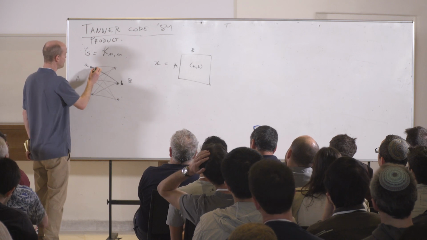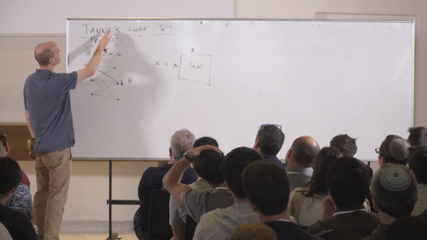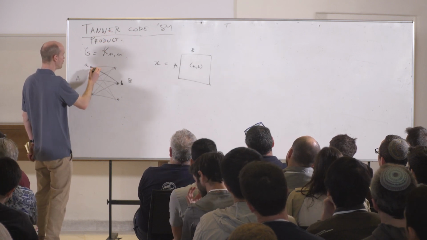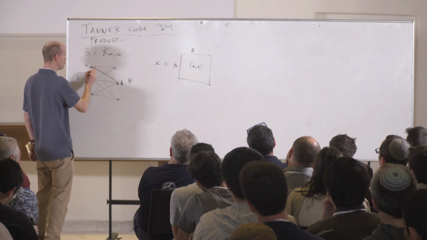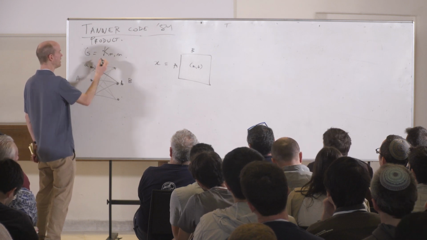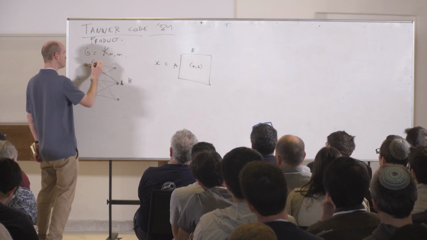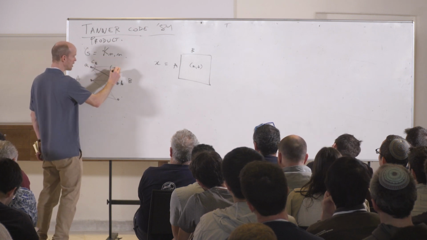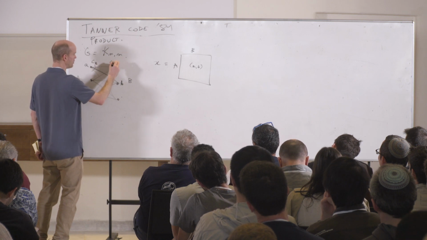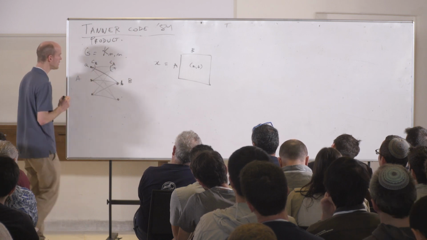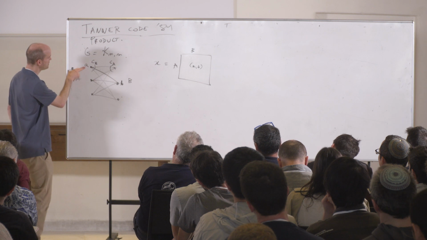And if I generalize the construction that I had before, I take two different codes. On the right, sorry, on the left, the local codes I will call CB, and the local codes on the other side I will call CA.